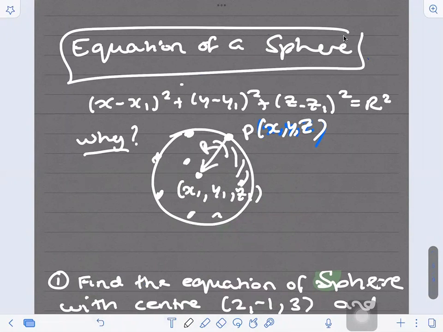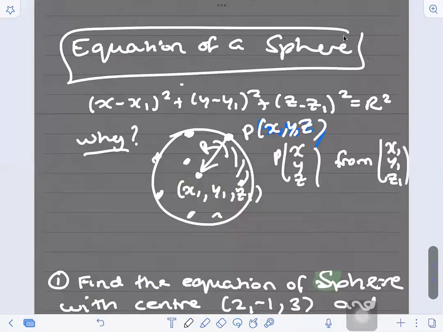So if you want the distance that P, which is (x, y, z), is from the center, which is (x1, y1, z1), then what you're looking at is the magnitude, or the distance formula. So it's (x - x1, y - y1, z - z1). The modulus of that should equal r.